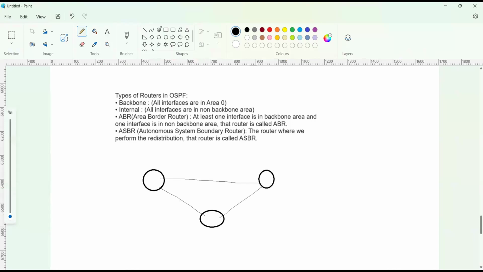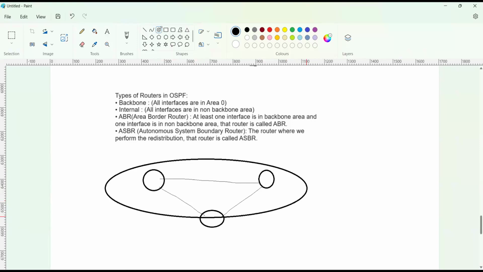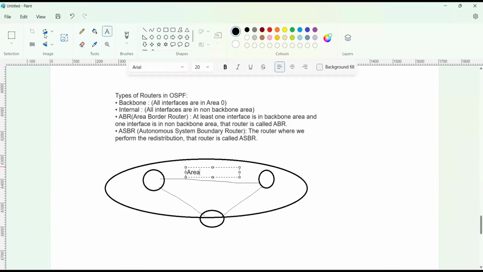This is area 0, and we call it the backbone area.